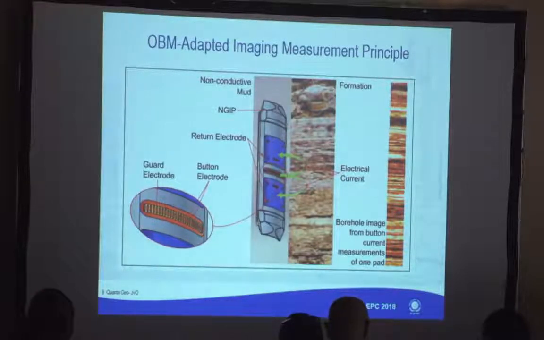It is a higher frequency measurement, which is the reason why we can avoid this problem with mud cracks. And actually there are 4 different measurements made at 2 different frequencies, an amplitude and a phase measurement. And this is then combined to produce an image, which essentially is an impedivity image. So it gives you an image of the impedance of the formation.